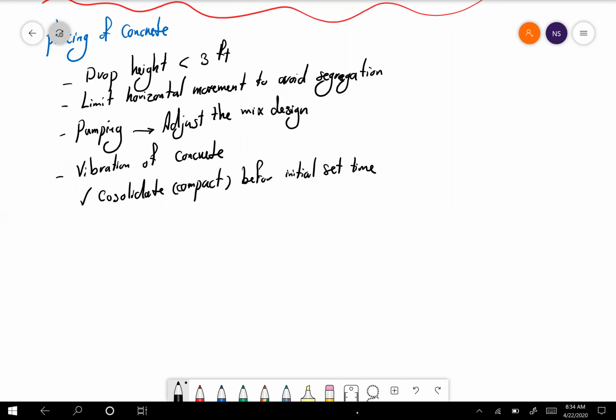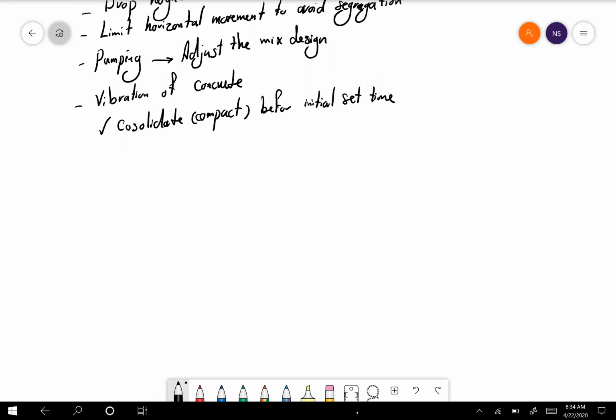So before that stage happens, you need to make sure that the concrete is vibrated or is consolidated or compacted to get rid of those big pockets of air content in the mix, and also make sure that the concrete is covering all the areas around the rebars.